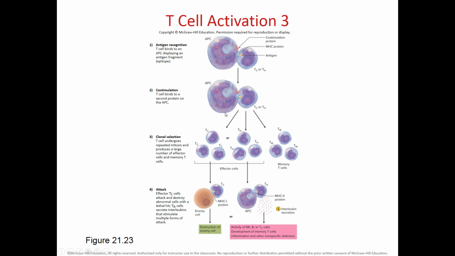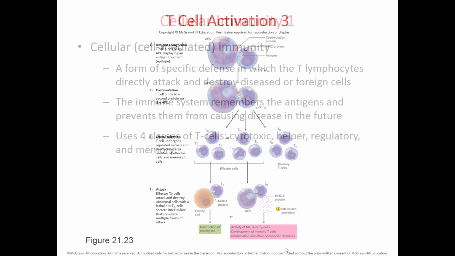So it undergoes several rounds of mitosis, and it will create differentiation into cytotoxic T cells, helper T cells, and then regulatory and memory T cells. And then through these cytotoxic T cells, you will destroy the enemy cells, and through these helper cells, you will attract other cells of the immune system, like NK cells, B cells, or more cytotoxic T cells.